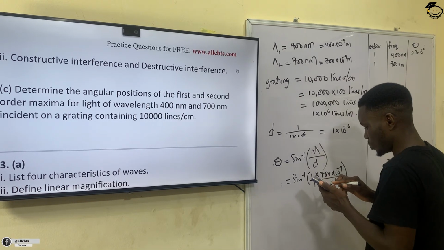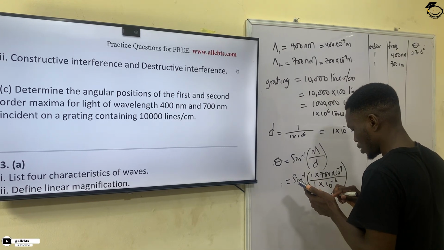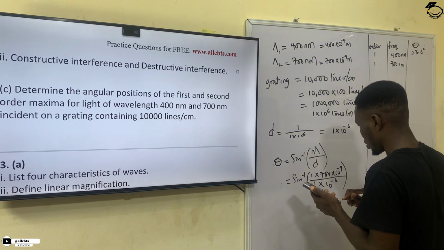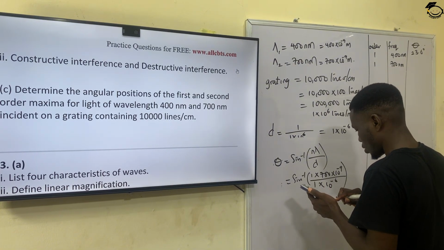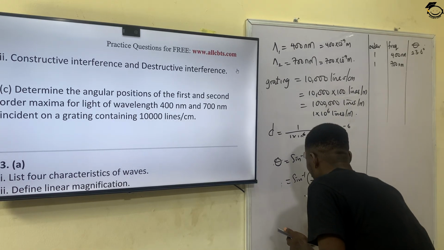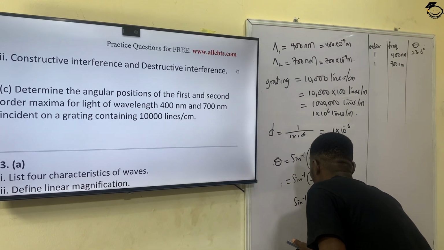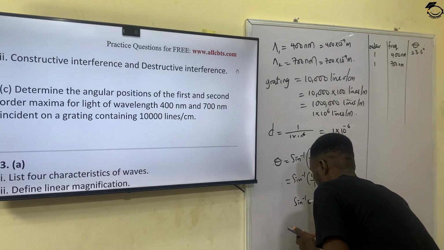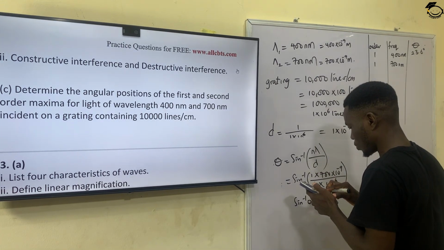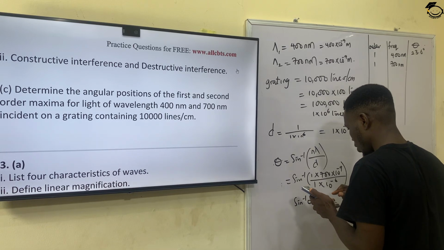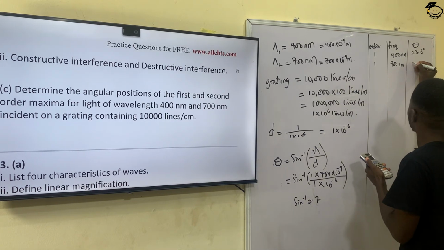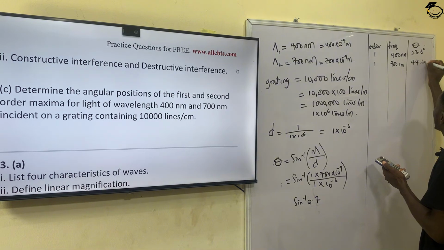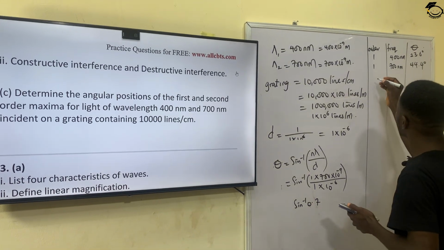So this will give me sine inverse of 0.7, and that will give me 44.4 degrees.